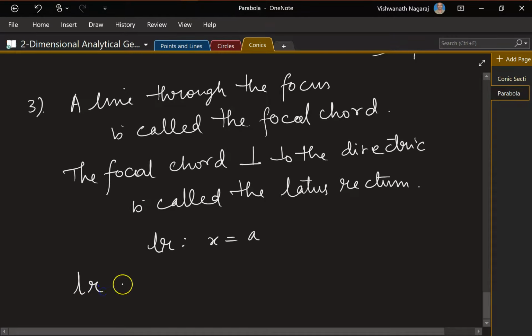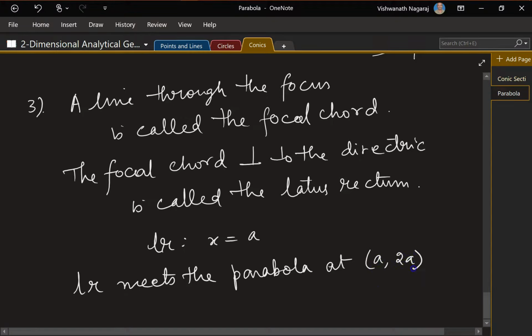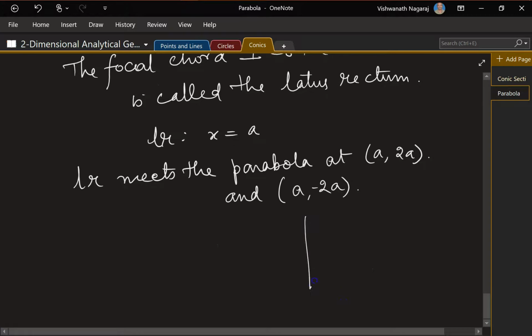Now LR meets the parabola at, not 0, at a comma 2a and a comma minus 2a. So let's very quickly draw the line. Let us say this is the directrix and this is the focus and this is the line. This is the focal chord.